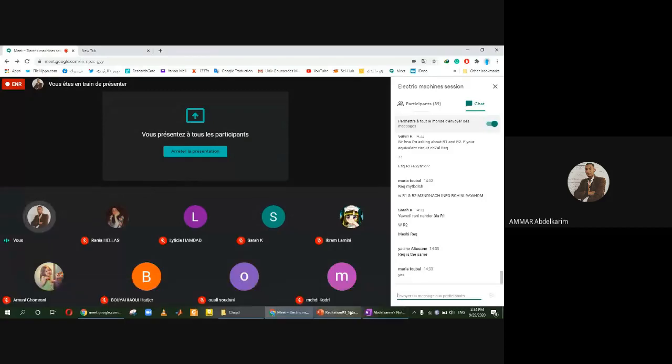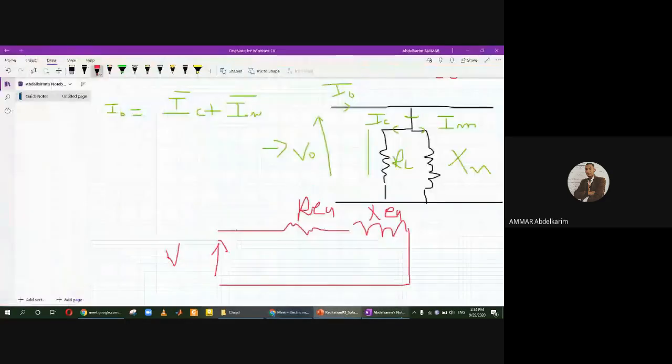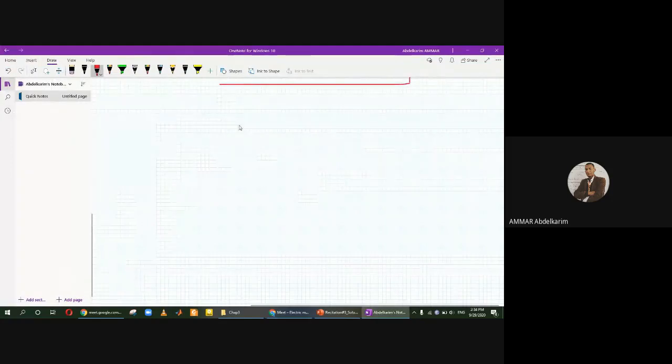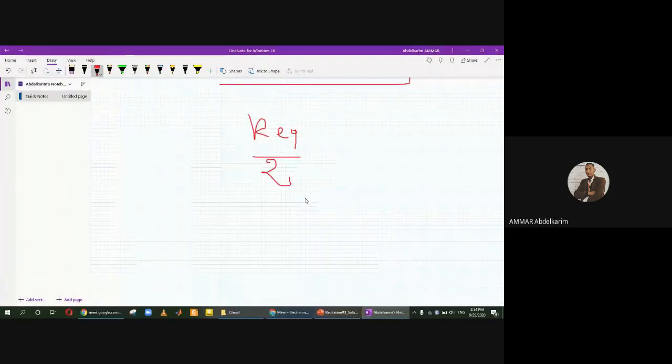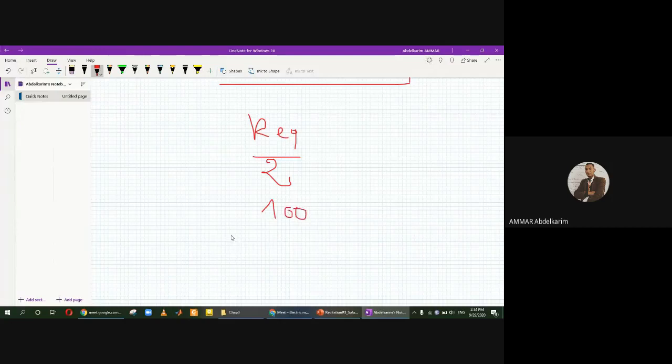Theoretically, approximately, how can we determine R1 and R2? For example, if we have R equivalent, we can divide it by 2. For example, R equivalent is 100. We divide it by 2, it becomes 50.